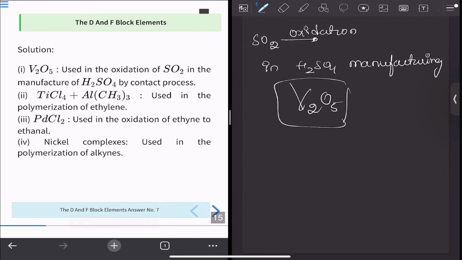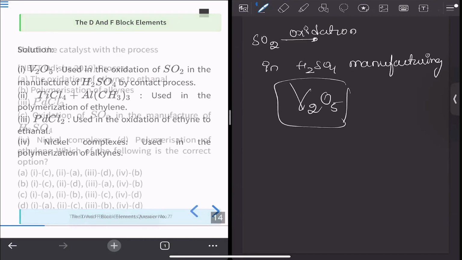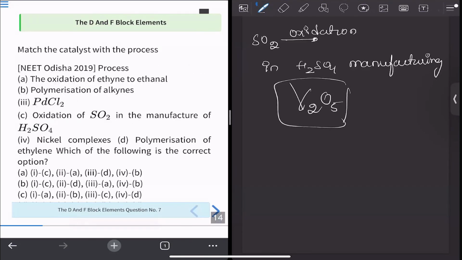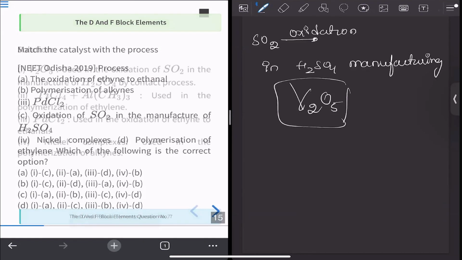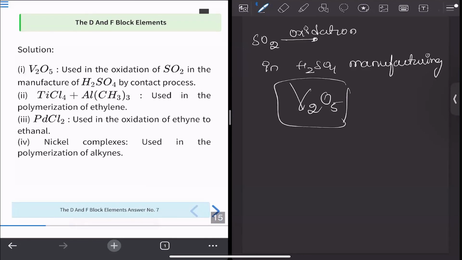TiCl4 plus Al(CH3)3 is used in the polymerization of ethylene, PdCl2 is used in the oxidation of ethyne to ethanol, and nickel complexes are used in the polymerization of alkynes. Okay, this is the answer for this question. There is a problem in the question, so this is a theoretical question. We need to know the theory.